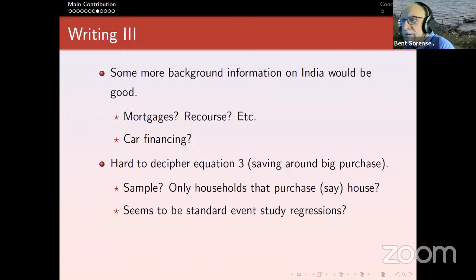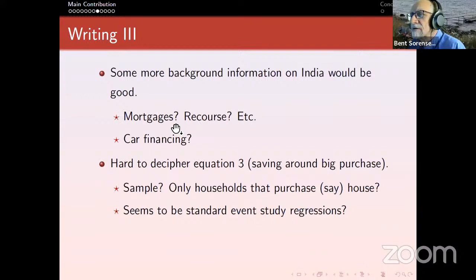It seems fairly convincing that the life cycle profile has a lot to do with savings for houses, cars, large durables. So we sort of know in the US, it varies a little bit over time, but people basically can buy a house with like a 10% down payment, even though it depends a little bit on your credit score.